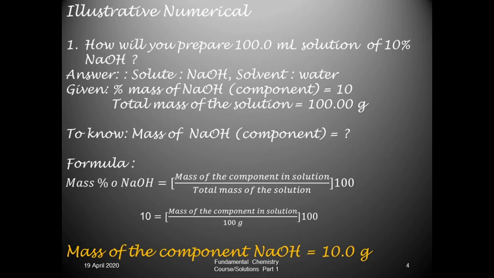But if you were asked to prepare 500 ml of 6% NaOH, then you will not be able to perform that quickly. If you are a master in mathematics, you may be able to do that calculation. So this is the procedure one should follow to prepare the solution. I hope you have understood this.